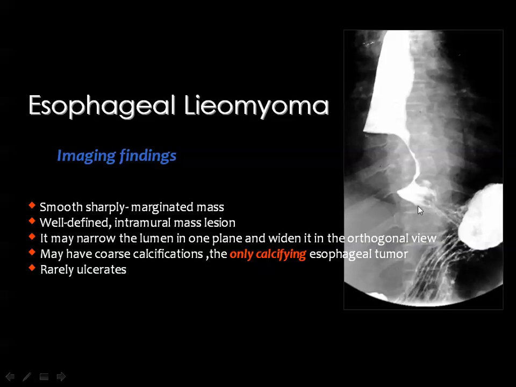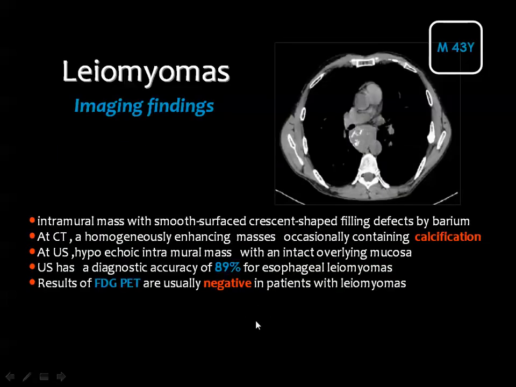You see in the barium swallow this mural lesion, which has an extremely smooth surface and exophytic growth. It indents the esophageal lumen, and it may contain calcium and rarely ulcerate or show central necrosis by CT. And you can see the lesion in the posterior mediastinum, and you see the matrix calcification.